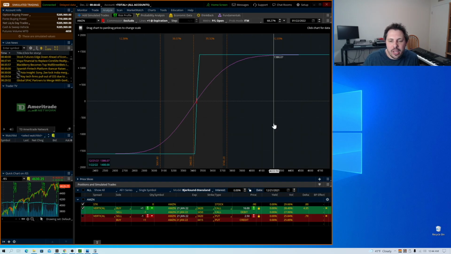You can make money with these a lot of the time regardless of what the underlying asset does, because we're able to have such granular control and authority over our risk and the way we put these trades on, whether we use credit spreads or debit spreads or buying calls or buying puts outright.